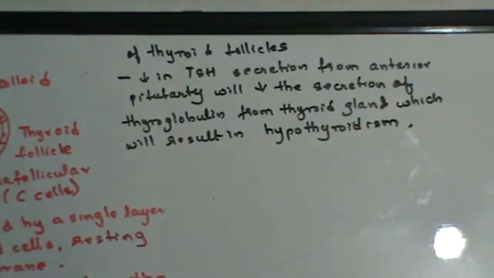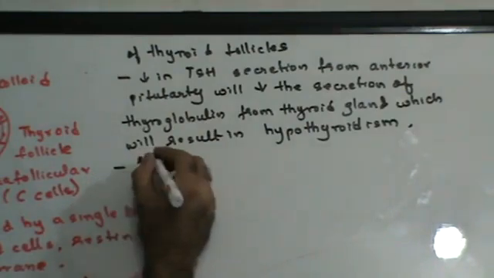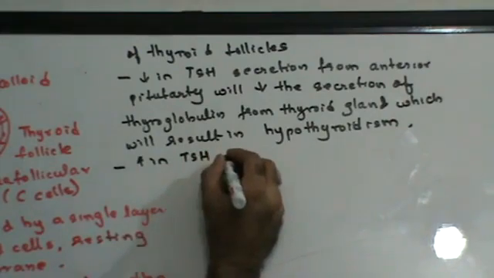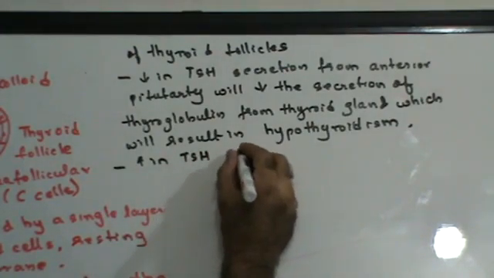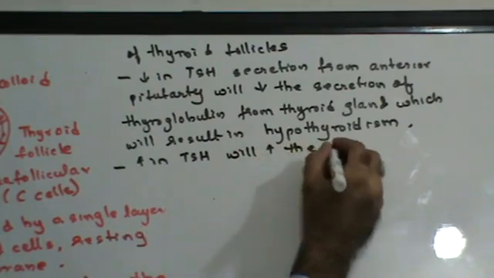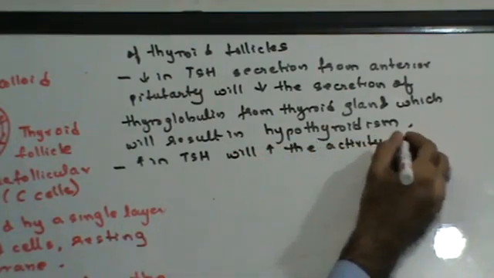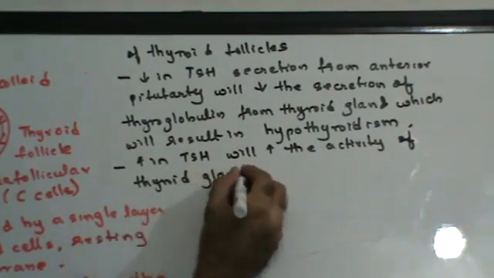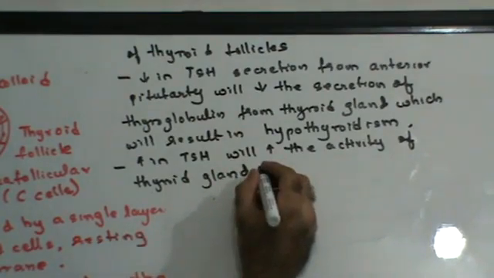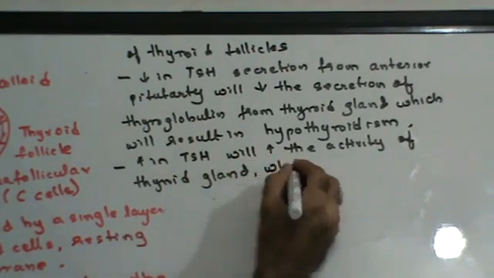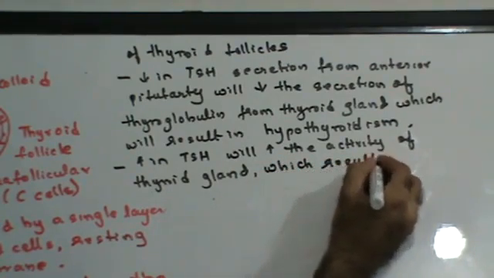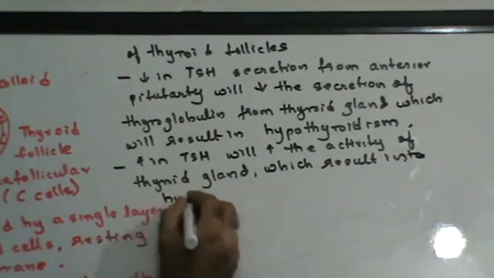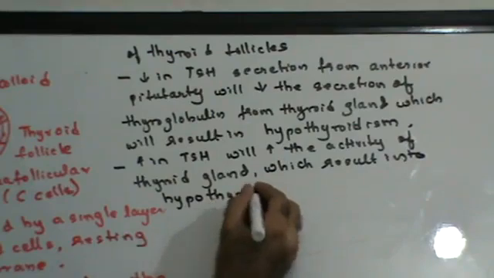Right. Second, increase in TSH. This was decrease in TSH. Increase in TSH will increase the activity of thyroid gland, which results in hyperthyroidism.